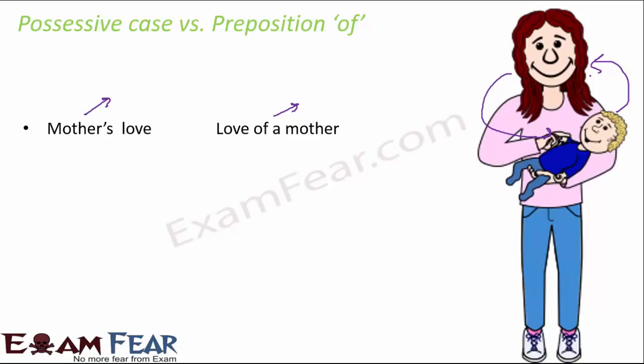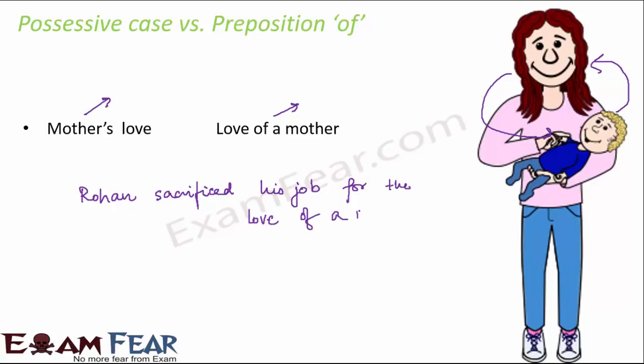Let us write an example. Let's say if you write this sentence, Rohan sacrificed his job for the love of a mother. That means Rohan sacrificed his job because of his love for his mother. So here it is talking about the love that Rohan has for his mother.